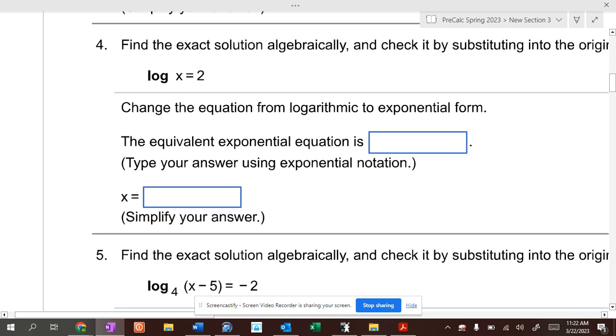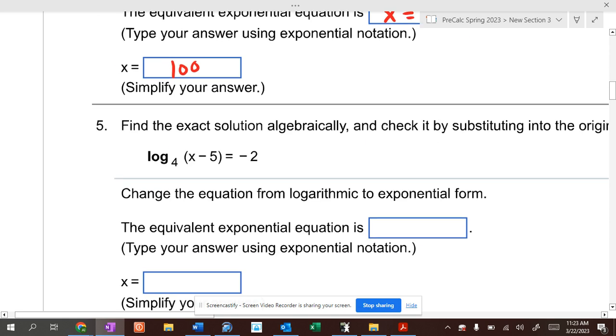All right. What's the base of a common log? 10. So the exponential equation for this will be x equals 10 squared, because this to this power equals this. That's logarithms. Okay? What's 10 squared? 100.